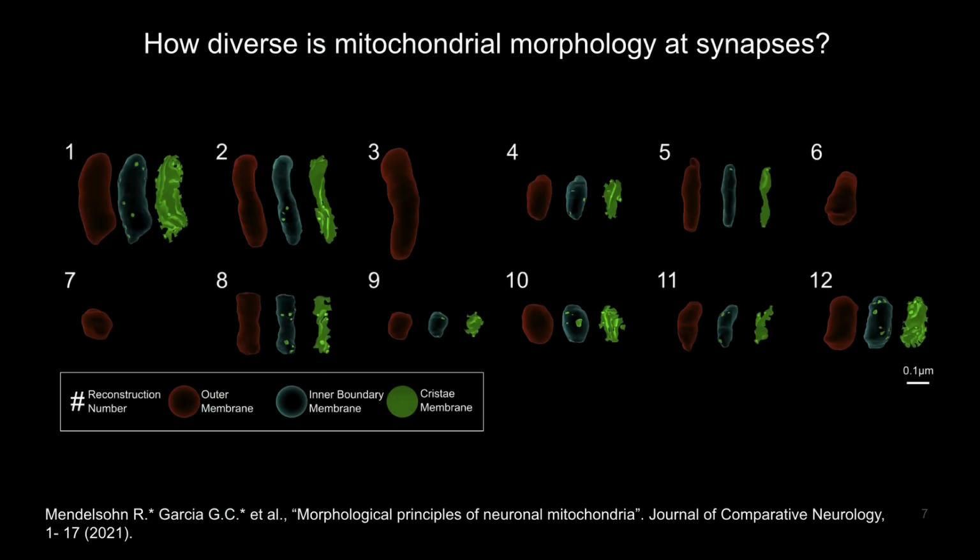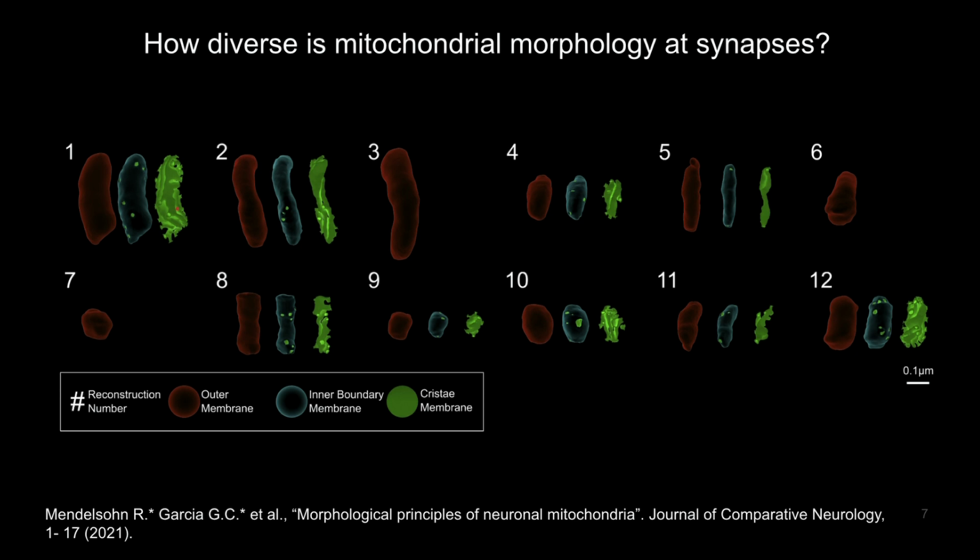But then the question was, how different is the mitochondrial morphology at synapses? I mean, we only had one reconstruction. So we went and we reconstructed 12 other mitochondria. And I should say these are all from the cerebellum, from axonal and synaptic mitochondria. And here I'm showing you, these are three membranes, but actually there are only two.